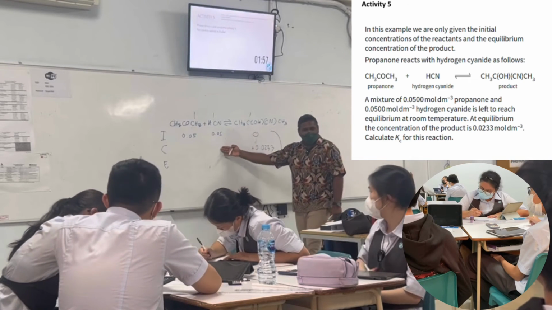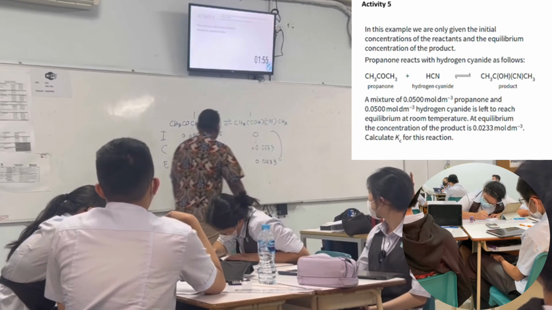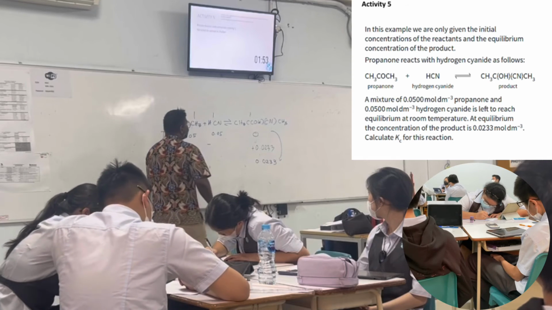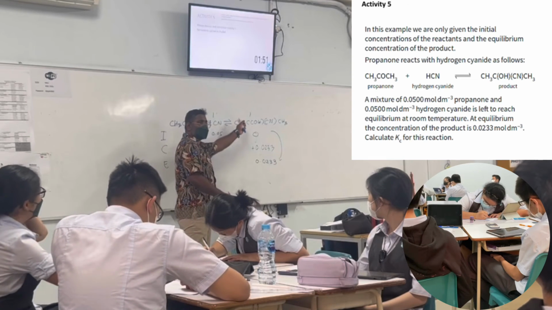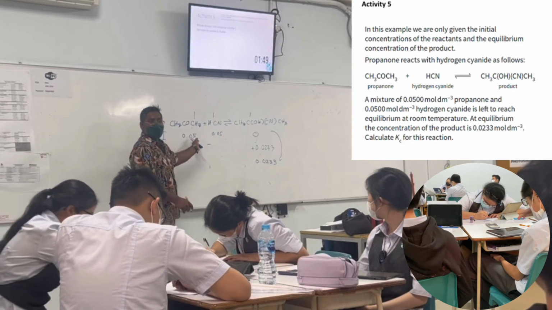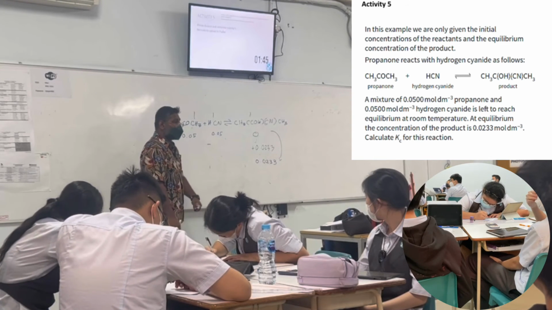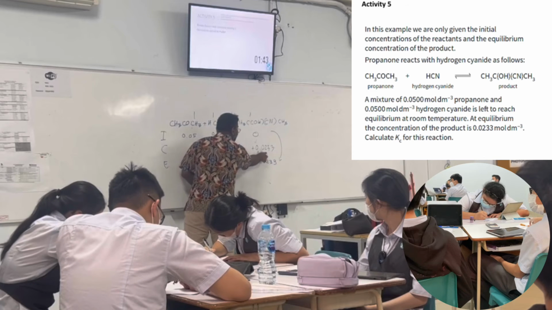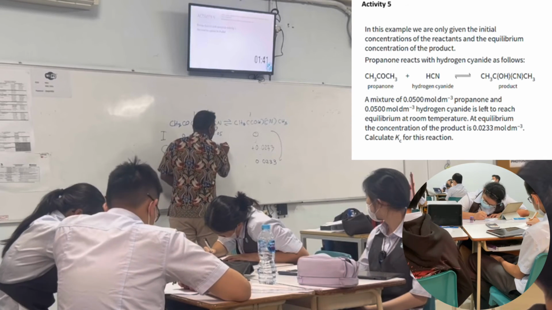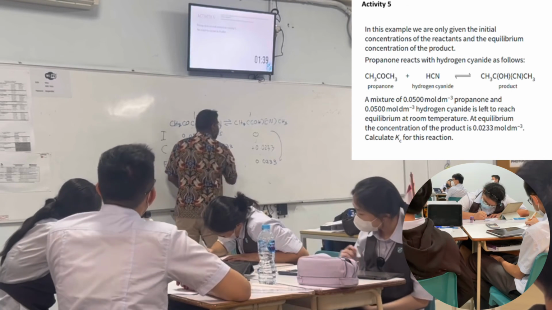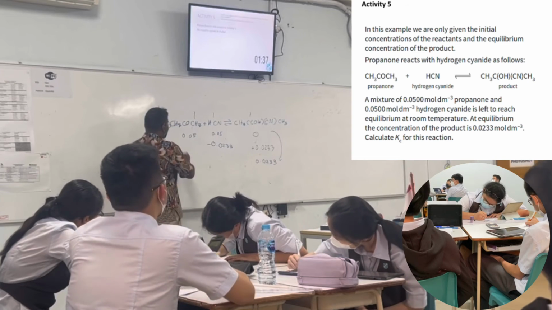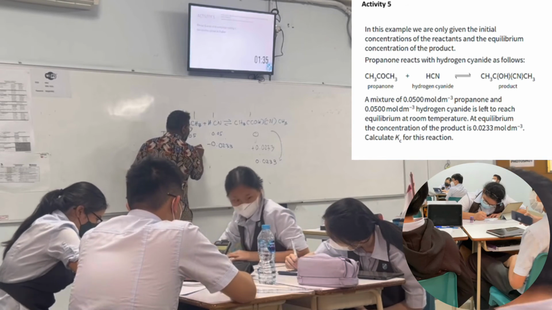But these are reactants. If 1 mole increases, there should be 1 mole decrease as well. The change must follow the stoichiometric equation. So if this is plus this much, this will be minus the same. This should also be minus the same.